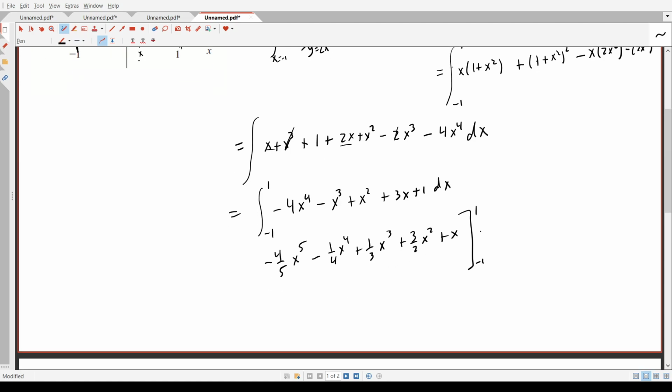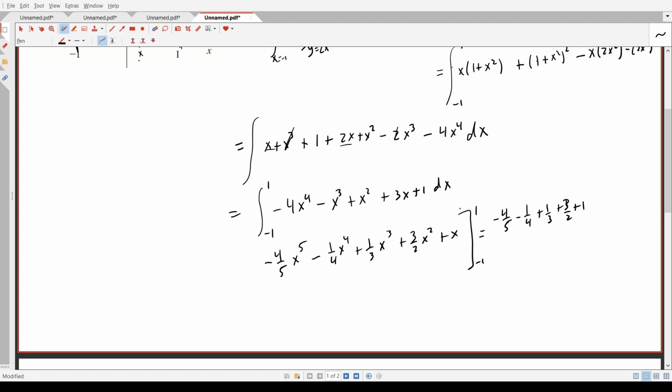And so I simplify this, and we get minus 4/5 minus 1/4 plus 1/3 plus 3/2 plus 1.